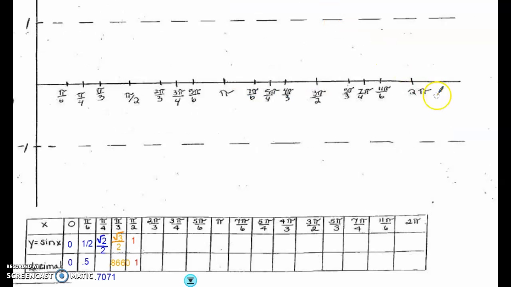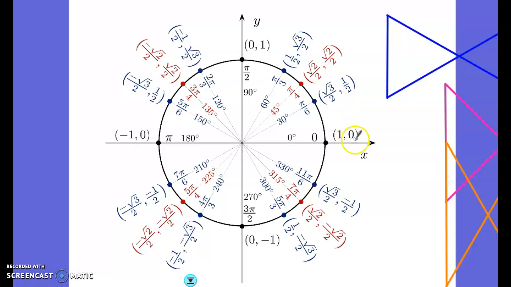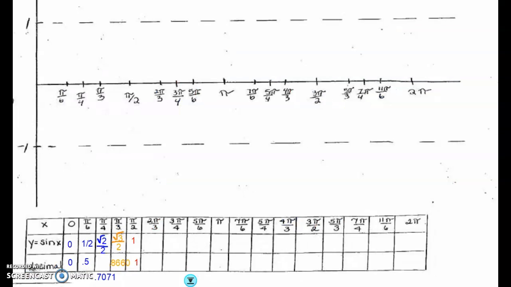Here's slide 4. I'll help you out here. I'll start this for you, and all we're going to do today is finish it. So the sine of 0 is 0, so we put a dot there at (0, 0).